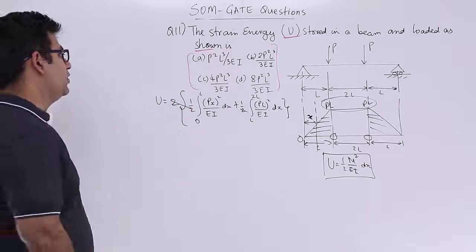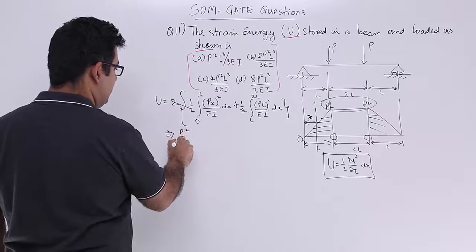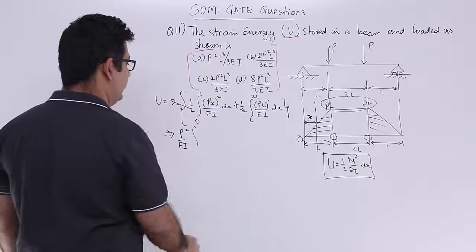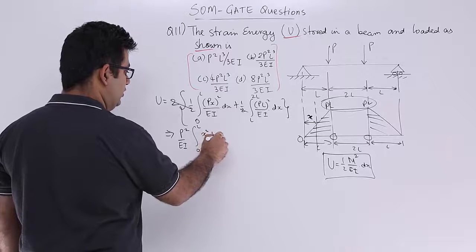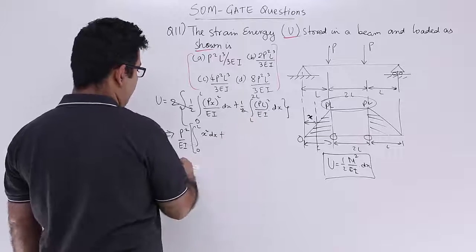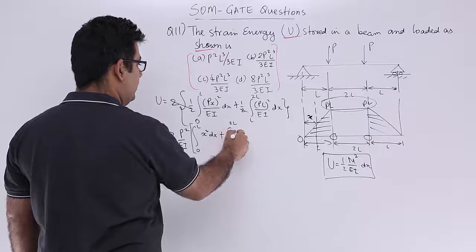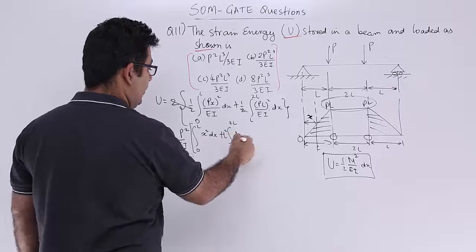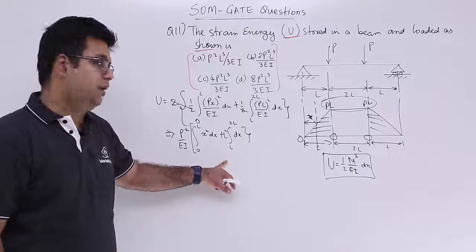When you solve this equation, you get P square upon EI, which is constant, integral 0 to L of x square dx, plus P square and EI go out for this also, for L to 2L. L square can be taken outside the integral sign, so you have L square integral L to 2L dx.